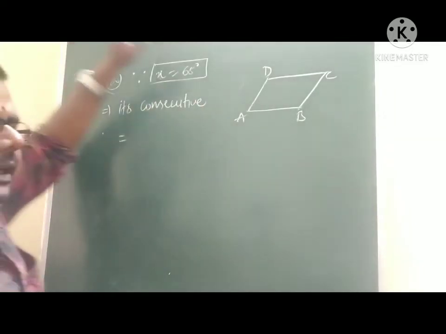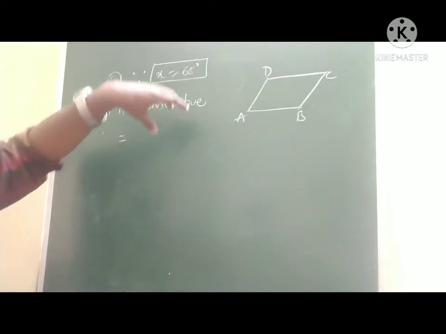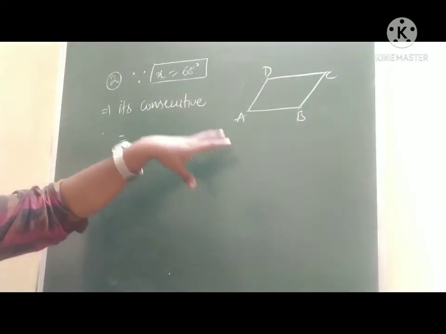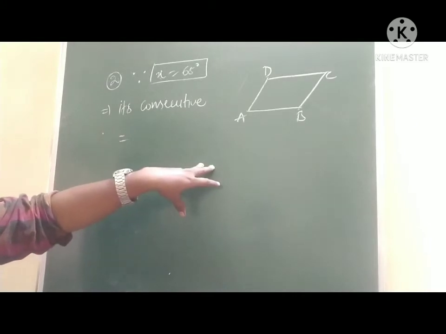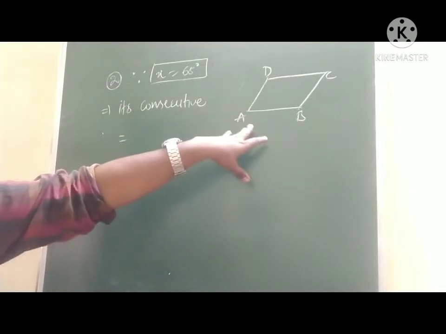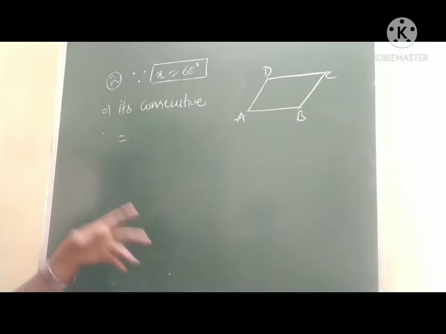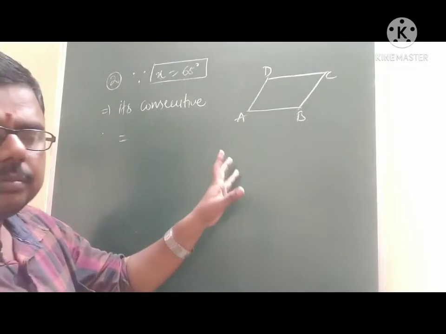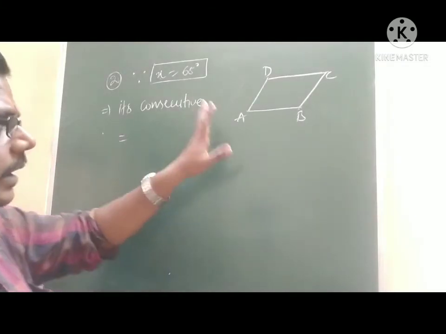Here again we will get a doubt, sir: when finding its consecutive angle, is it necessary to use 180 minus x as per the supplementary, or as per the given question do we have to use 2x minus 24? You can use anything.